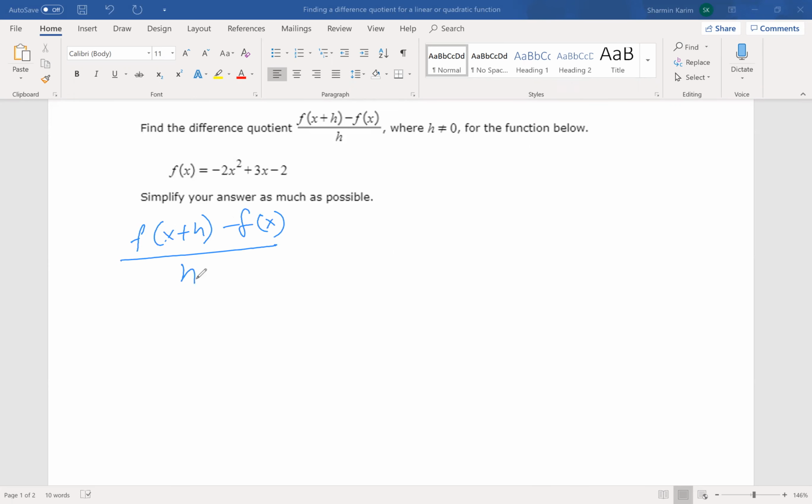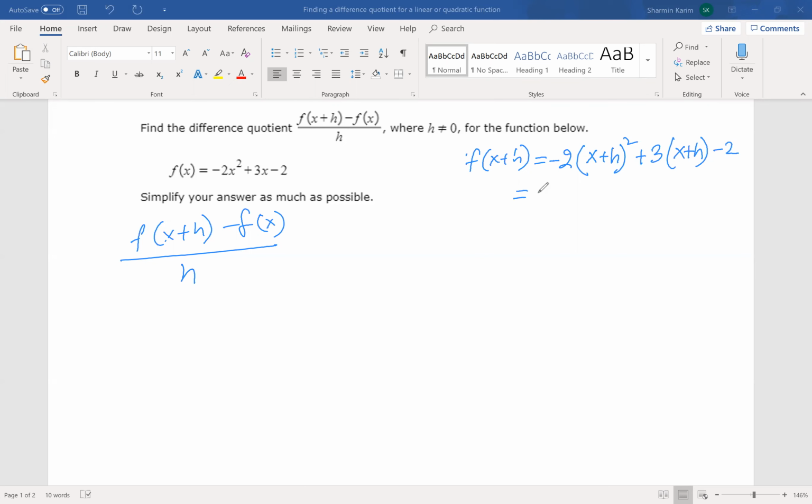Now again, I will go step by step. f of x is given as this, so f of x plus h will be negative 2 times x plus h squared plus 3 times x plus h minus 2.